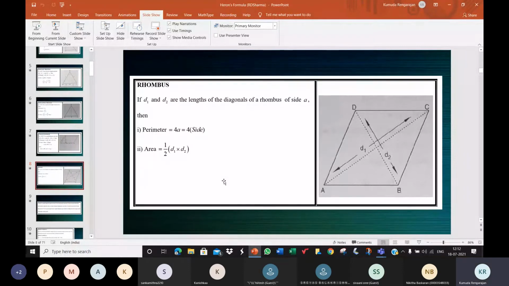Yes, what's the formula here? Half into diagonal 1 into diagonal 2. Yeah, half product of diagonals. D1 into D2 is the product of diagonals.